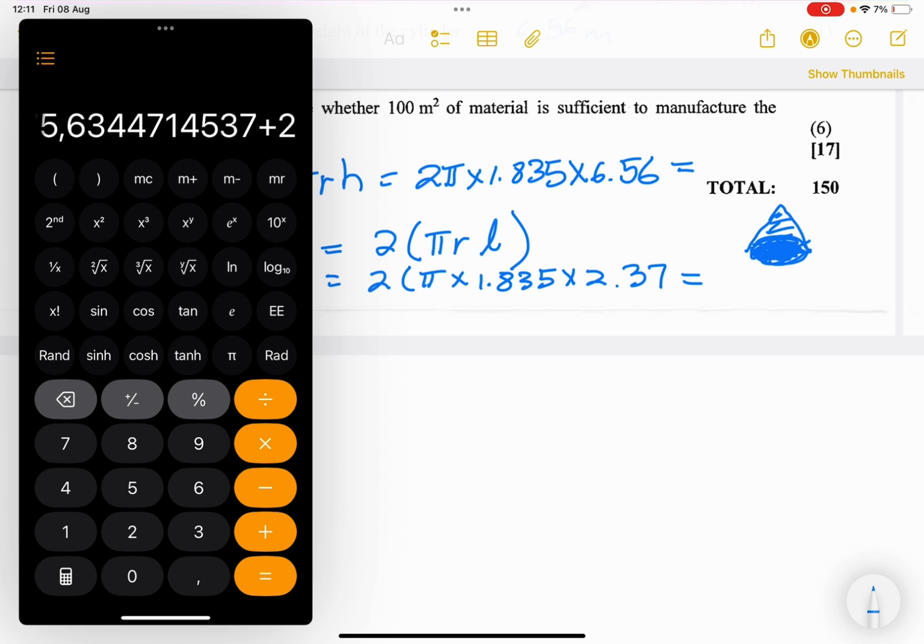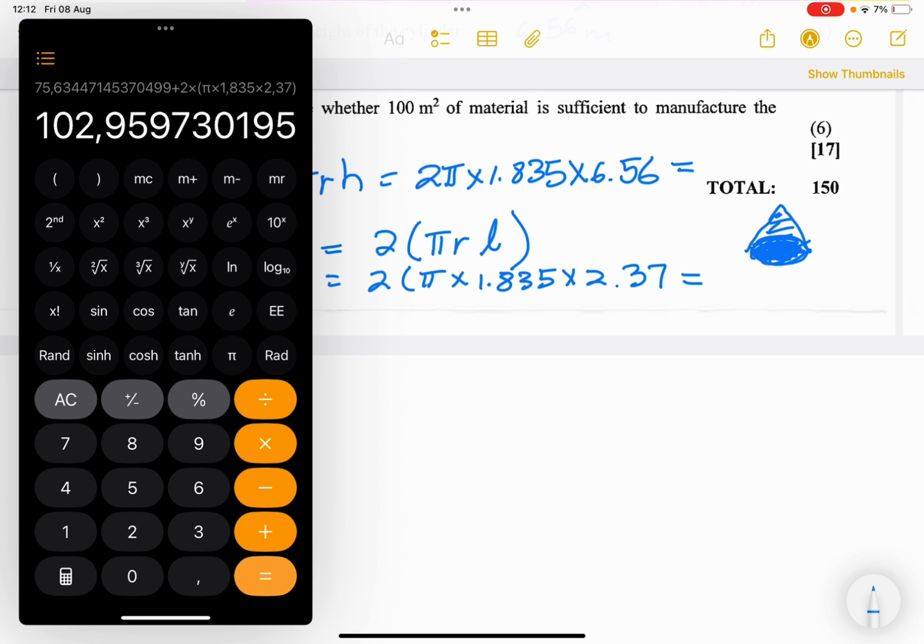So that's 2 into pi multiplied by 1.835 multiplied by the slanted height, which is 2.37.